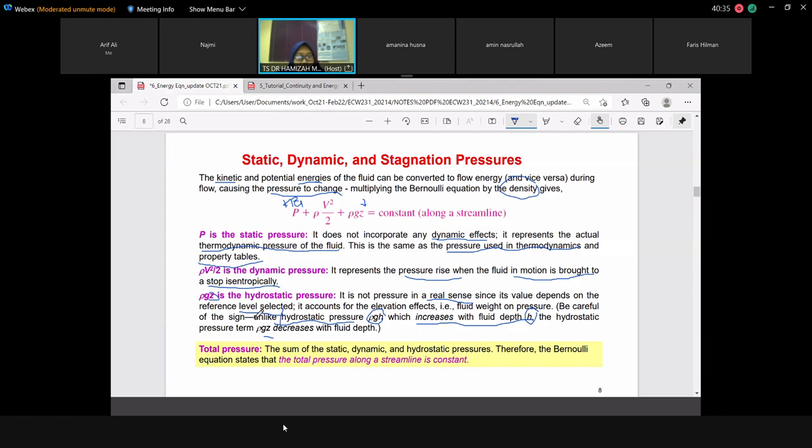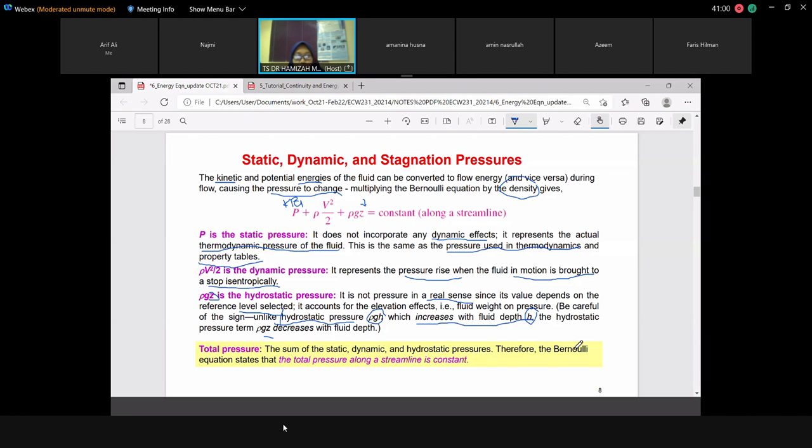Okay, so for this one, the total energy or total pressure is the sum of static pressure, which represents pressure energy, dynamic pressure, which represents kinetic energy just now, and the hydrostatic pressure, which actually represents the potential energy.